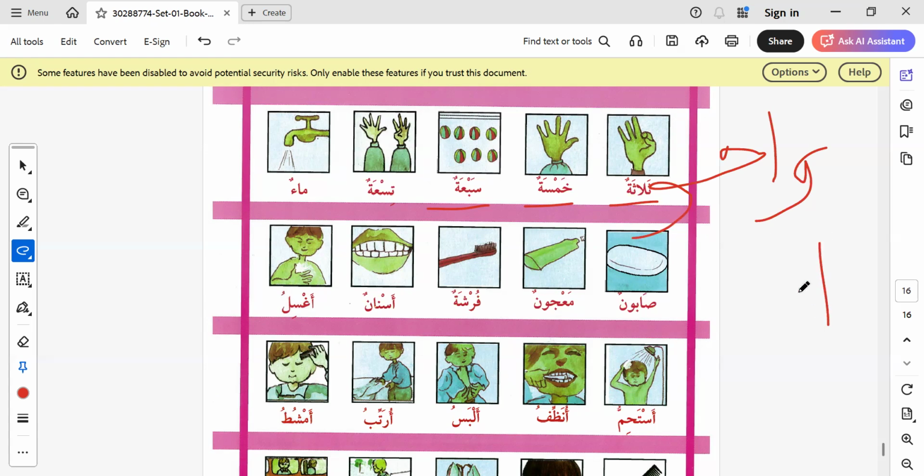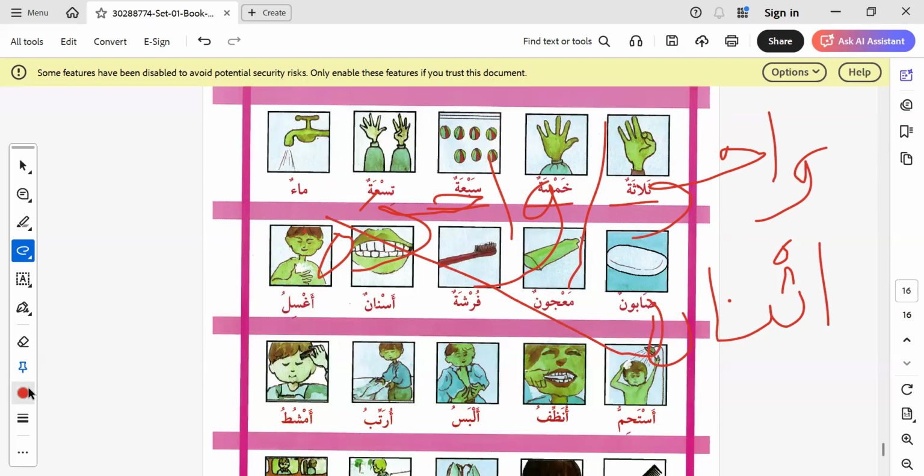And اثنان is 2. Let's look at it from both the masculine and feminine aspect. So واحد, واحدة. اثنان, اثنتان.